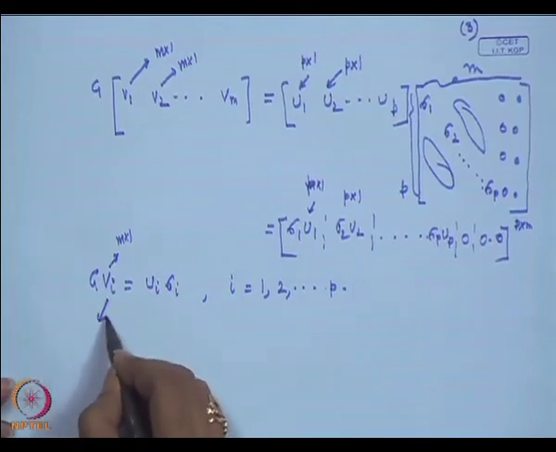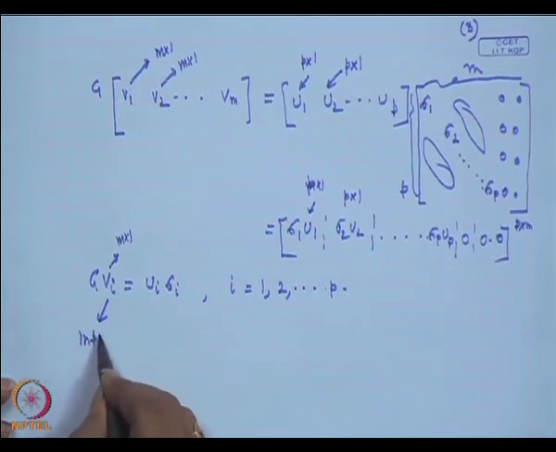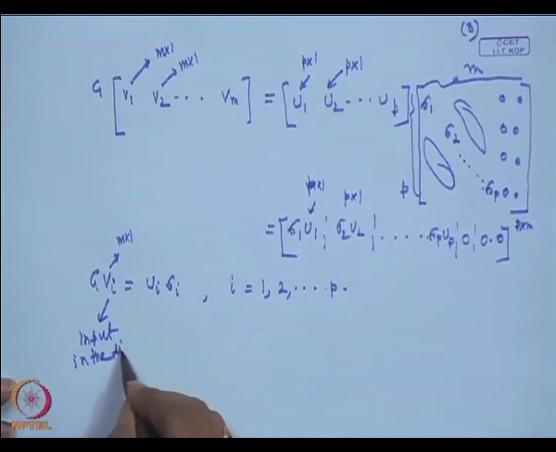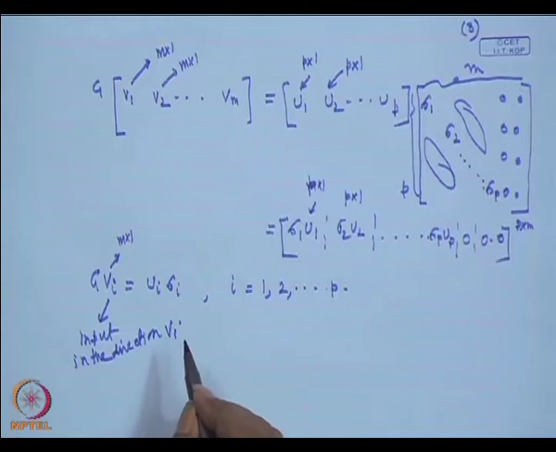So this is the input in the direction V i, with dimension M cross 1.